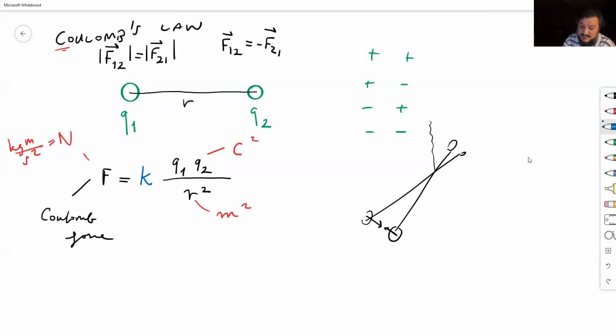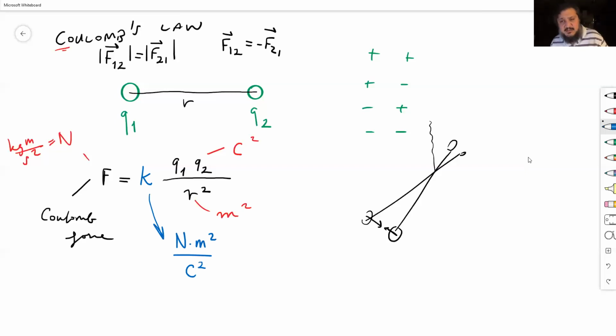Now we have this constant, which will have units of, let's see, we need newtons here, so newtons times meter squared per coulomb squared. That would be the unit of this constant.